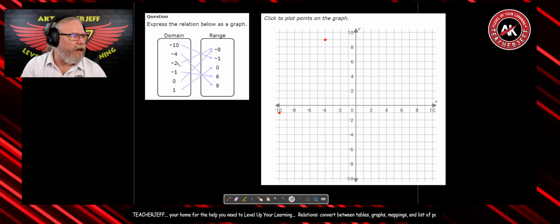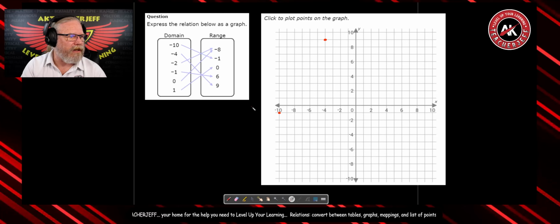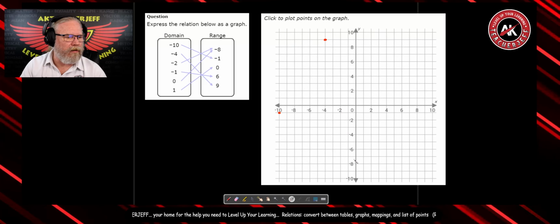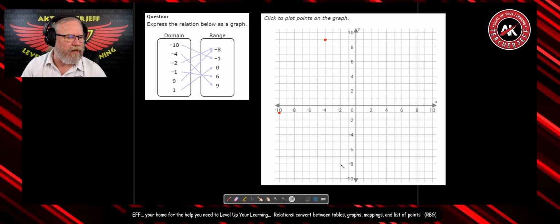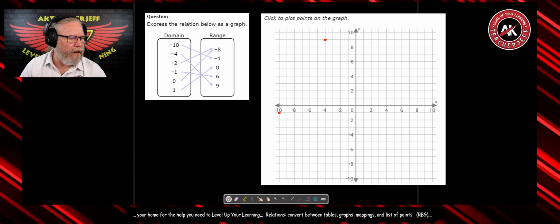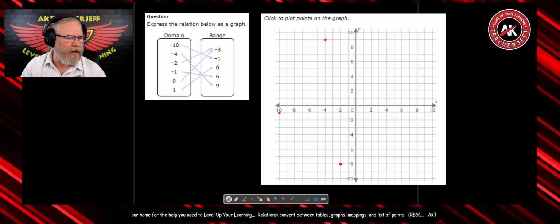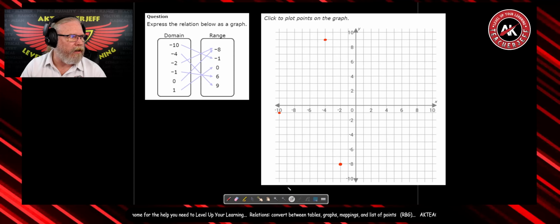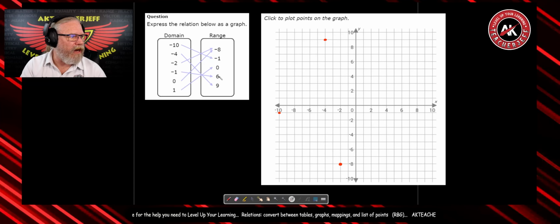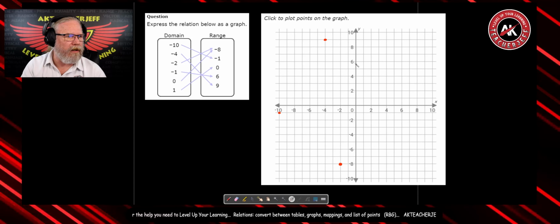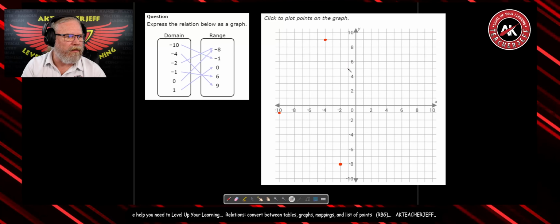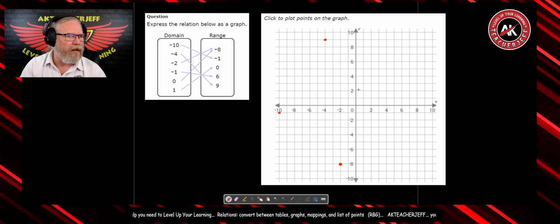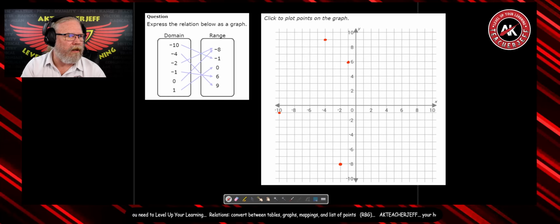Next one, going down, it's -2, and we're going to map that to -8. Here's -2, and here's -8 here, so it would be this spot right there. -2, -8. Click on there and put that one in. -1 is mapped to 6. Here's -1. Here's +6. So that would be that spot right there. -1, 6.